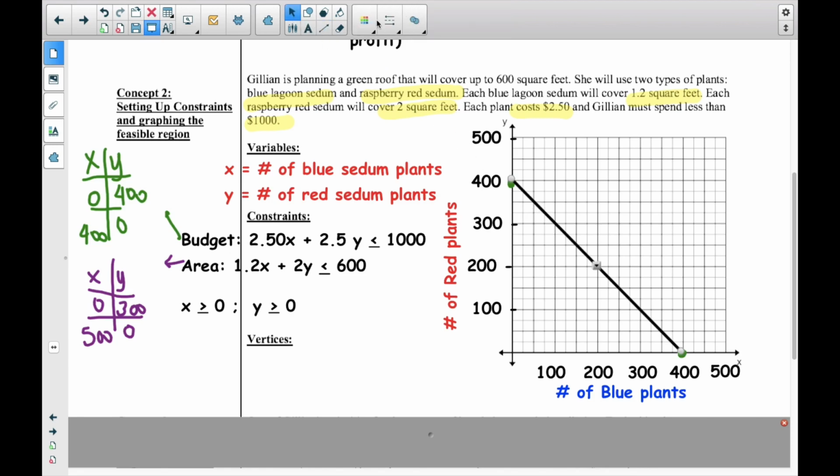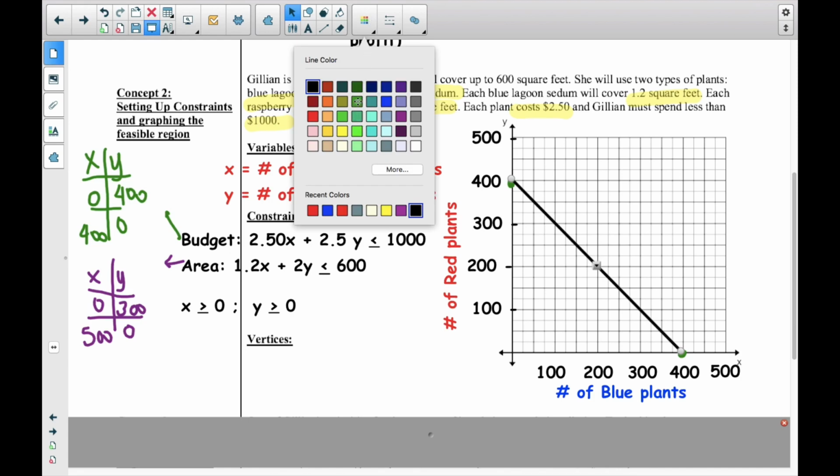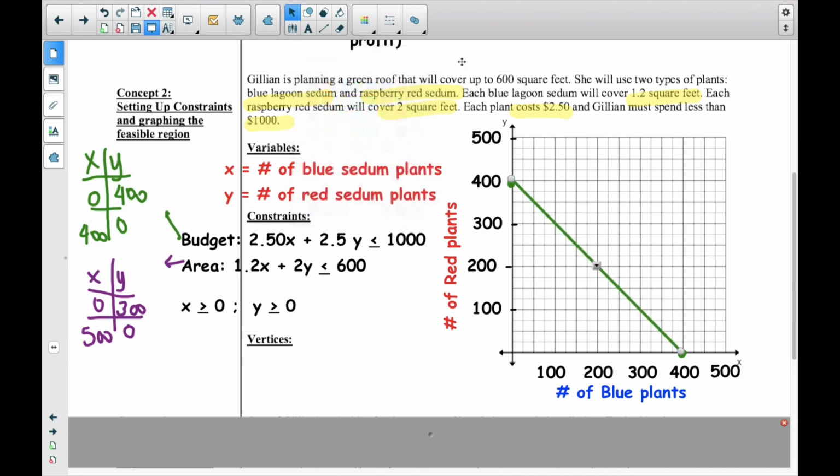And we do need to think about, should it be dotted or solid? It does have an equal to sign. Since it does have an equal to sign, it should be solid. And the shading is less than, so since it's less than, we are going to go down this way. Remember, these are constraints, so they're limitations, and that helps a little bit make sense of why they're down here as well.